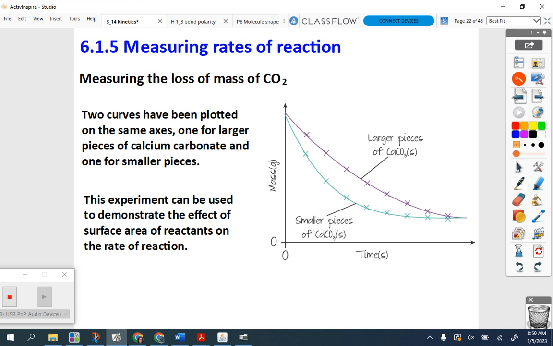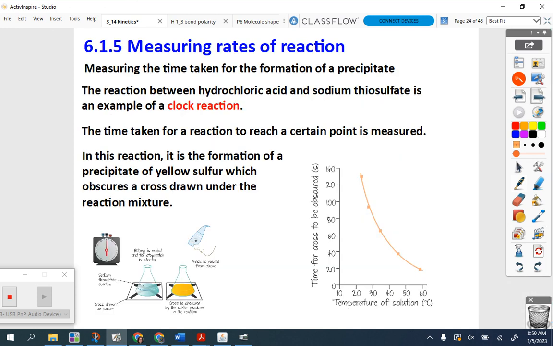All right, so instead, what you would have to do for something like this is your data plot would not be concentration versus time. The time of the reaction on the y-axis would be your dependent variable, and you would have some other condition on your x-axis. This sample graph shows temperature of the solution.